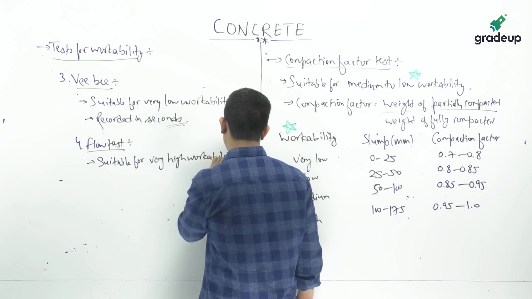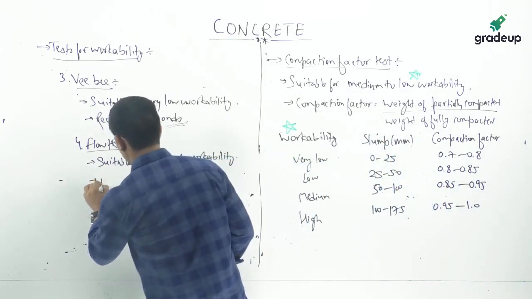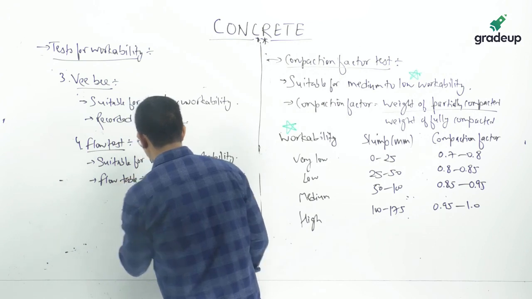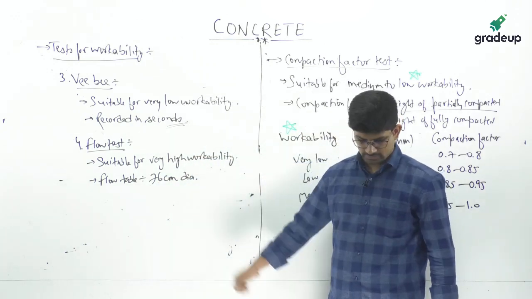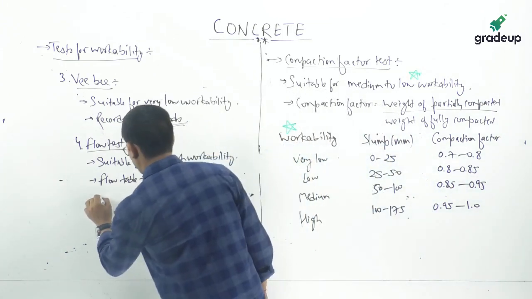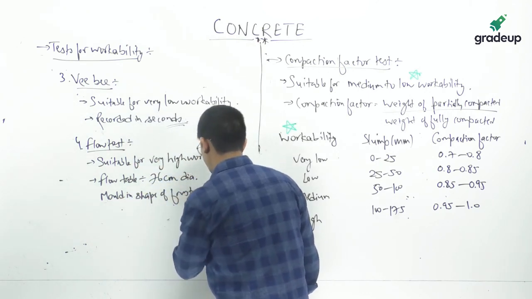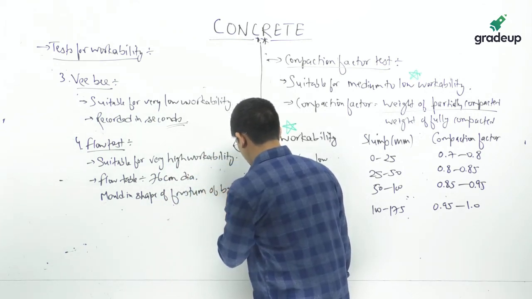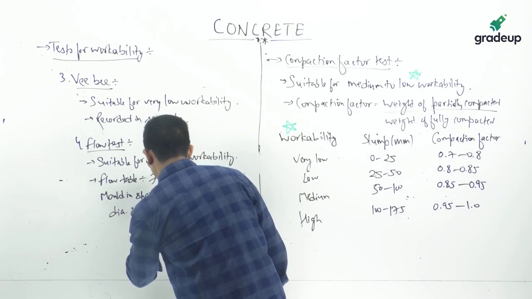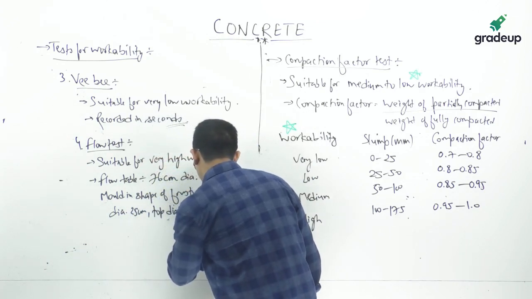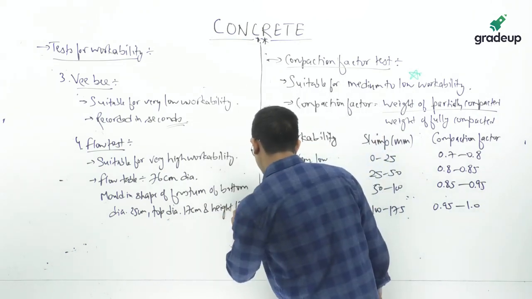The flow table which is used has a dia of 76 centimeter, and the mold is in the shape of a frustum, of bottom diameter 25 centimeter, top dia 17 centimeter, and height of 12 centimeter.